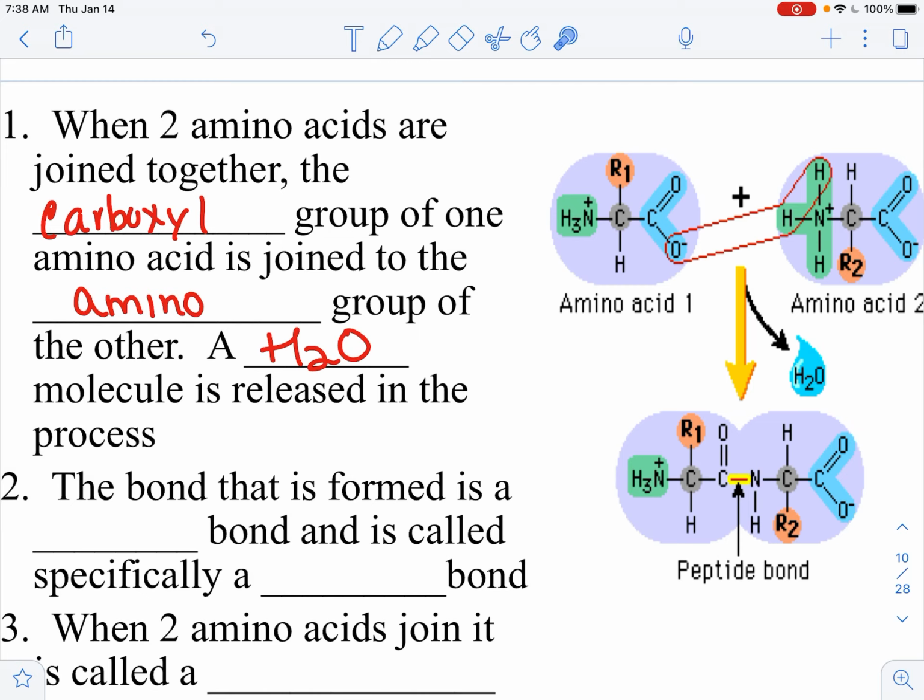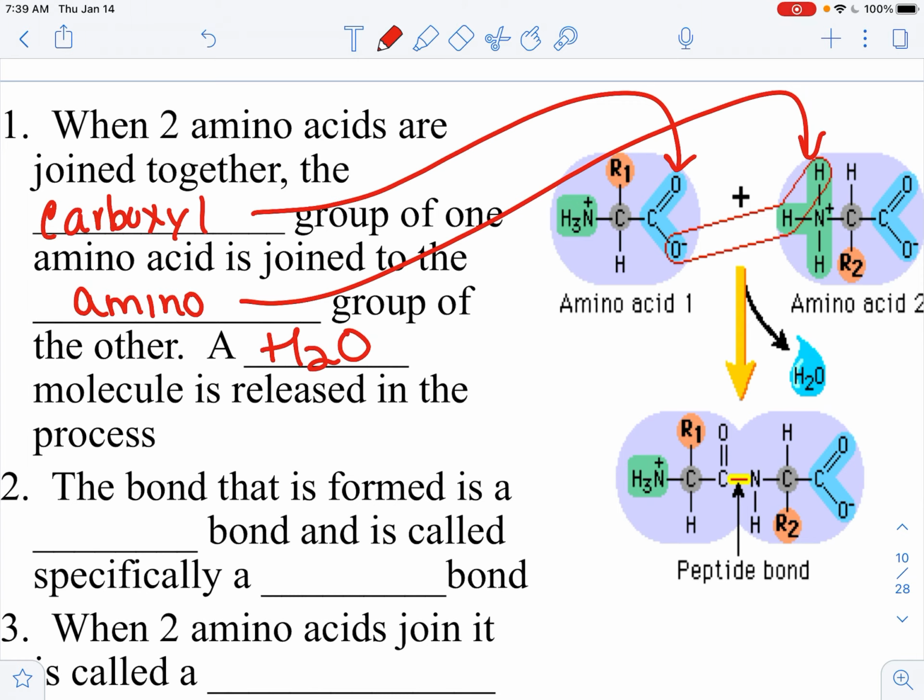Here's my carboxyl group, okay? Here's my amino group of the amino acid next to it, and then you can see we took out, it's showing you here, we take two H's and an O, and that comes out as your water. And then that's what causes this carbon to then bond to that nitrogen, okay? So then you can see that down here. Once the water's gone, that forms the peptide bond.